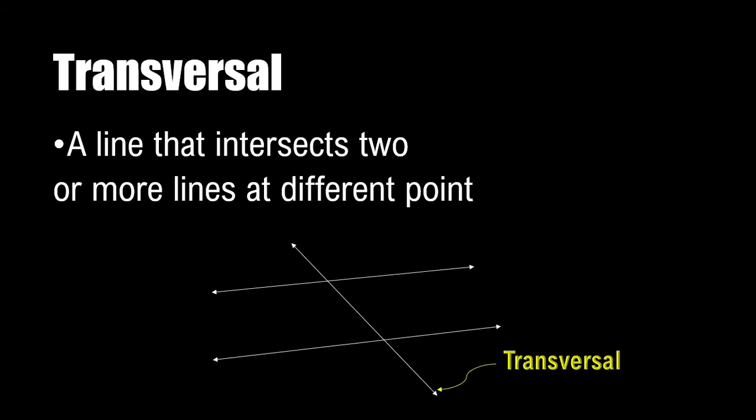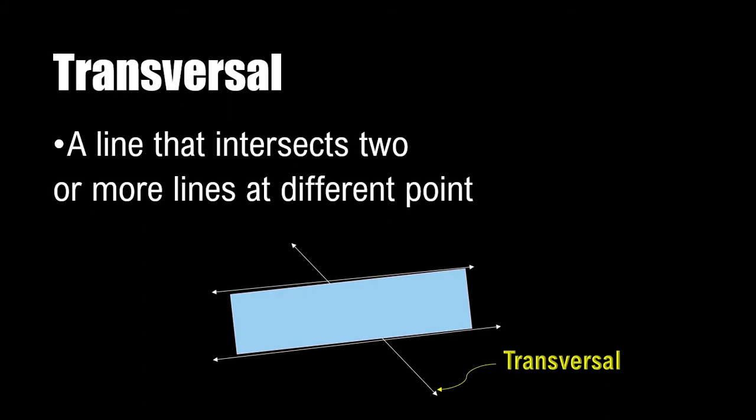It can be non-parallel lines. But we will focus only in this topic wherein we have only parallel lines which are cut by a transversal, and ano yung mga different angles na mapo-form natin when that line cuts the parallel lines.